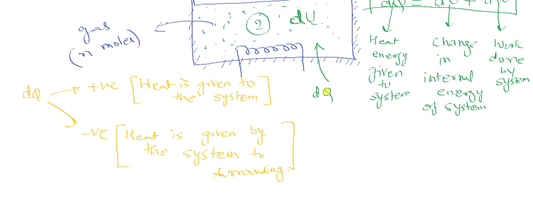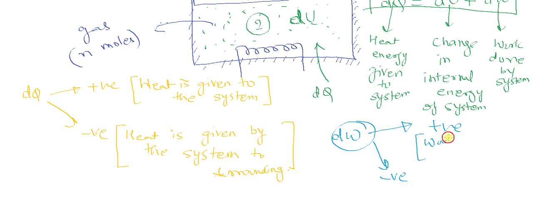Next thing is dw. Let's check out dw. It can again be positive or negative. Both the cases are possible here also. If it is positive, that means work is done by system, and this work is done by the system in the form of movement of the piston.